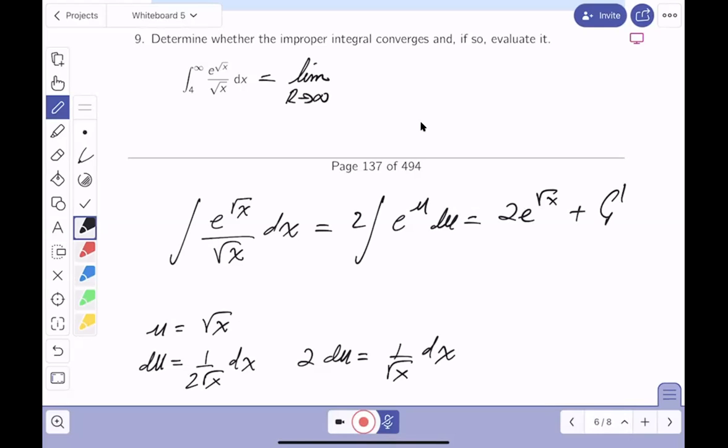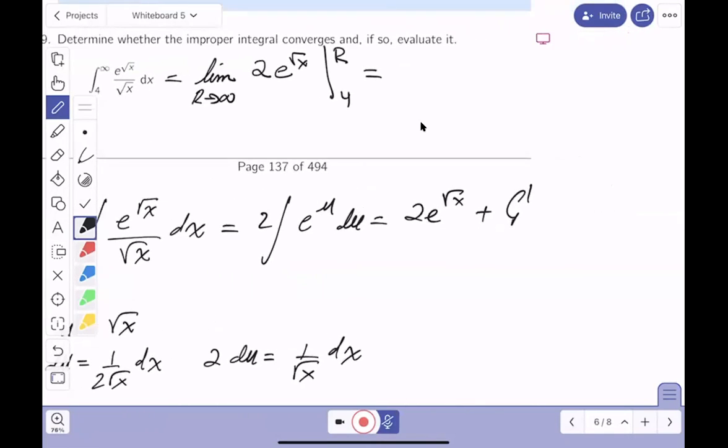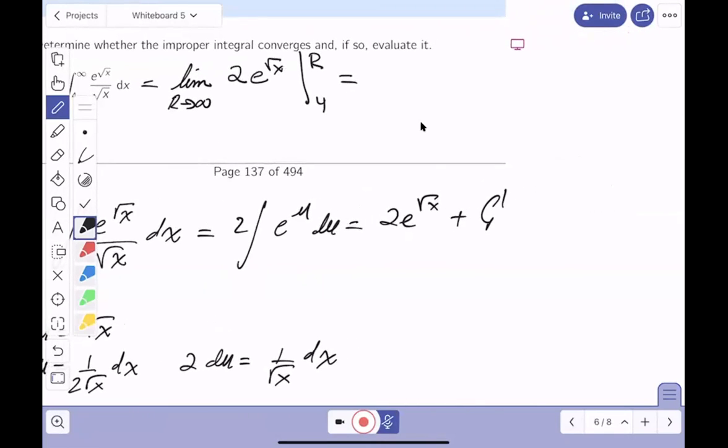So it's going to be 2e to the root x, evaluated from 4 to r. You notice I'm getting quicker at this, right? Let's keep going. Let me write this down for you.